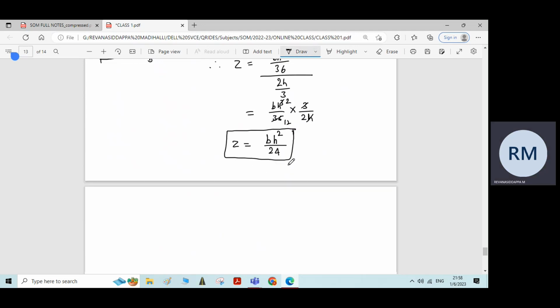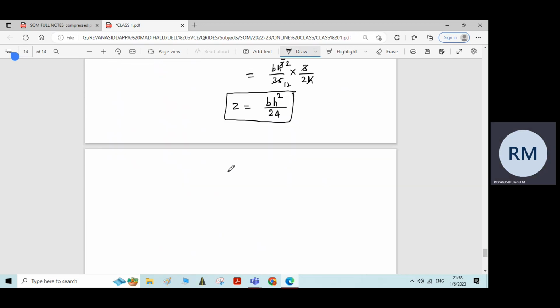Lastly, let us see what will be the unit of section modulus. We know that Z is equal to I by y max. The unit of moment of inertia is mm raised to 4 or meter raised to 4 or centimeter raised to 4, and the unit of distance of the extreme fiber from the neutral axis is mm or meter or centimeter.